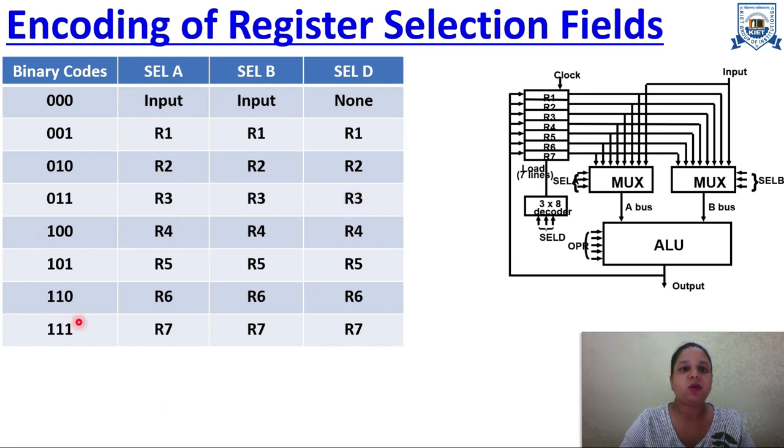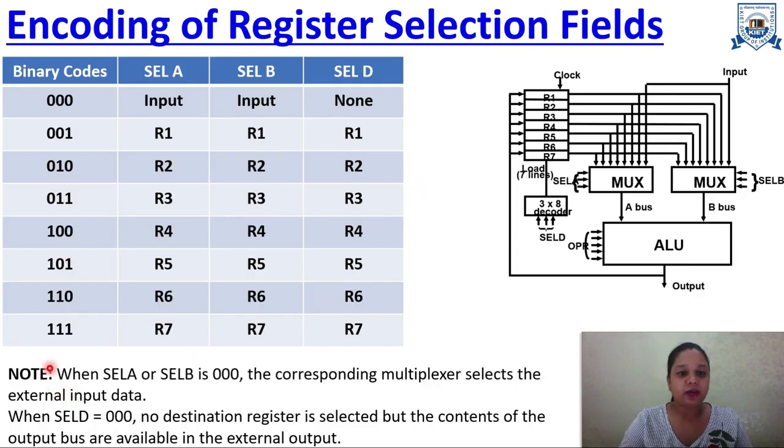So you need not remember this; it is something you already know. I'll take a note here that when select A or select B is 000, the corresponding multiplexer selects the external input data, which I have already told you. Now when select D is 000, no destination register is selected, but the contents of the output bus are available on the external output. It means if it is 000, the output will be on the external output.